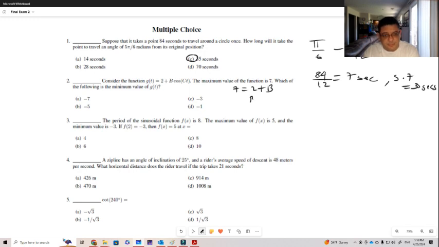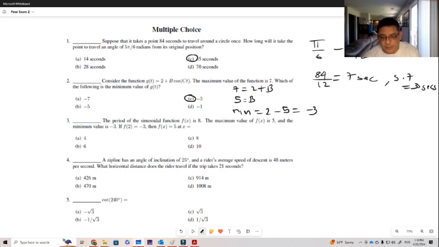So that implies that b, the amplitude, is 5. To calculate the minimum value, that will be 2 minus 5, which is minus 3. So this is the answer here. Remember that the maximum is midline plus amplitude, and the minimum is midline minus amplitude.